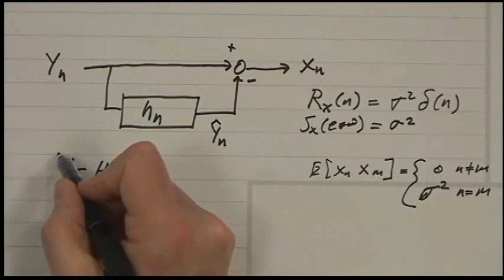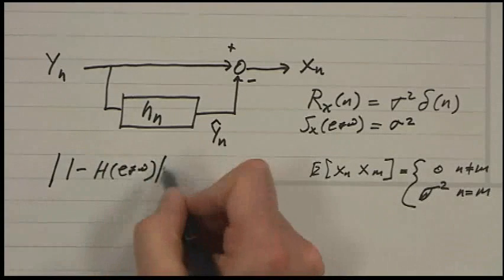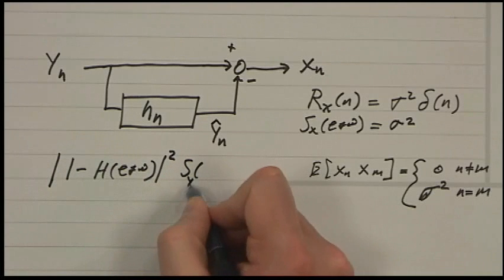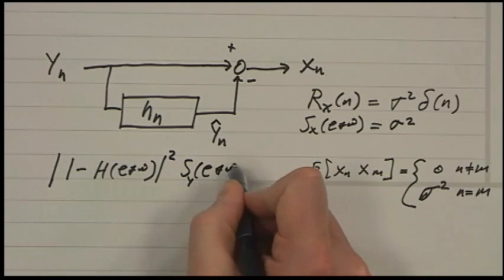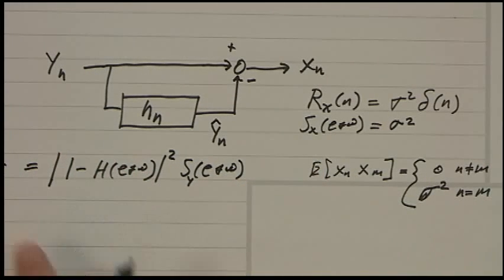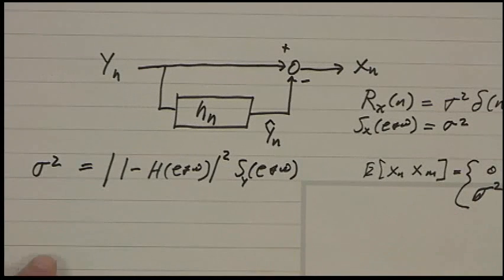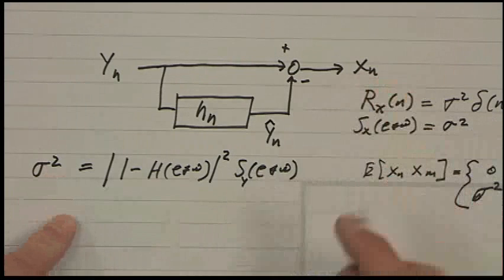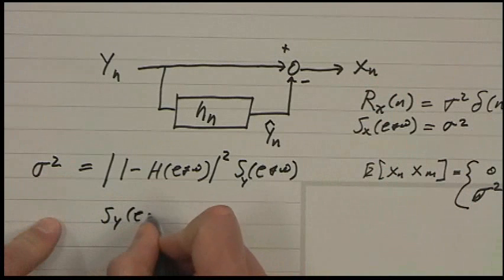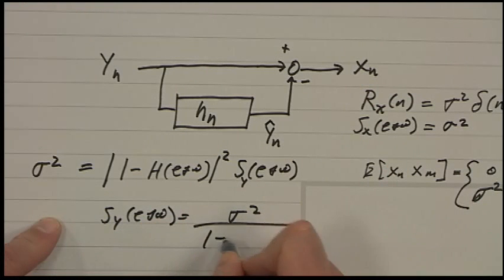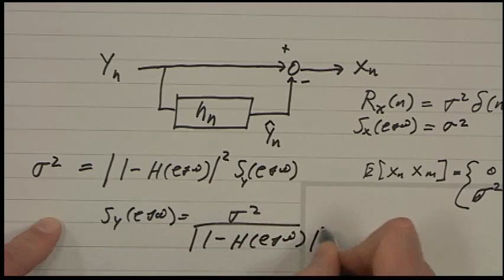So we take that, square it, and that times S_y of e^{jω} has got to be equal to σ², because the power spectrum of x is σ². If we solve for this, we get that S_y of e^{jω} equals σ² over the magnitude squared of 1 minus H of e^{jω}.